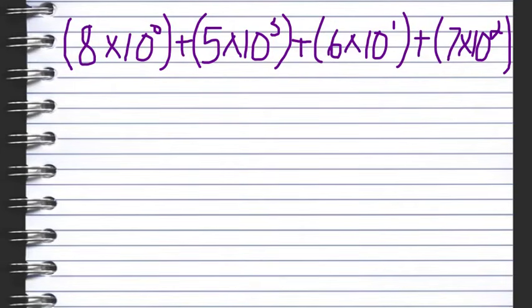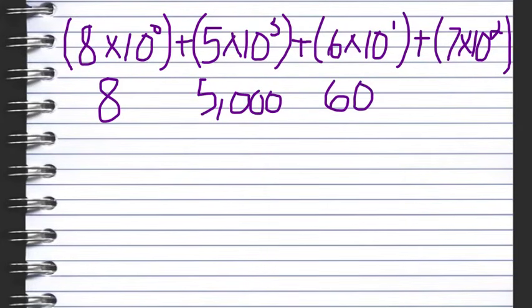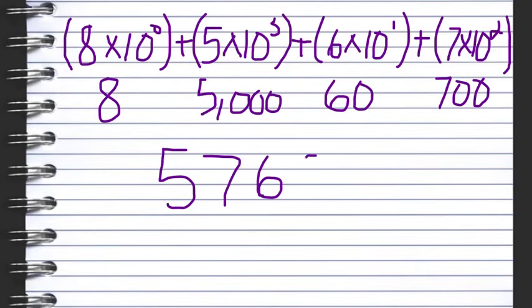So 8 times 10 to the 0 is 8. 5 times 10 to the third is 5,000. 6 times 10 to the first is 60. And 7 times 10 to the second is 700. So now that I have it all written out, it's easier for me to put it in the order I need. So 5,768. So if you need to write out what they're worth, that's a great strategy before you write it in your standard form.